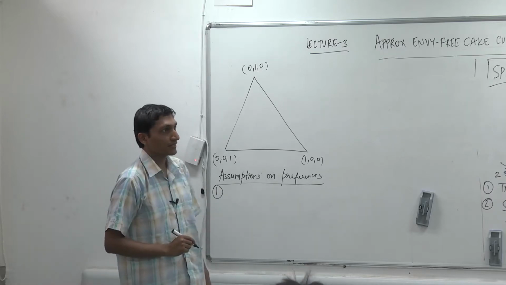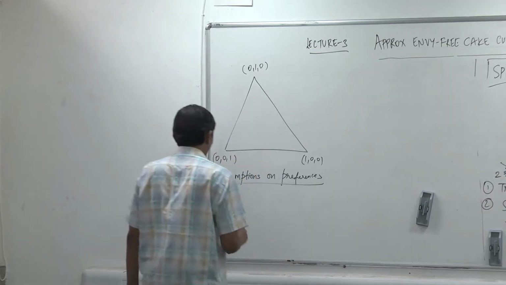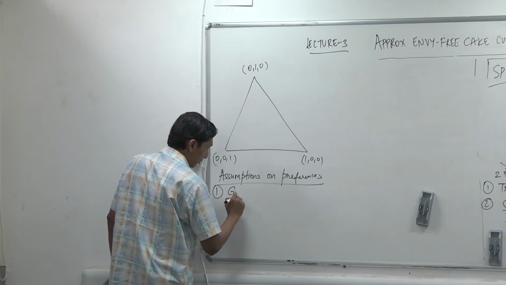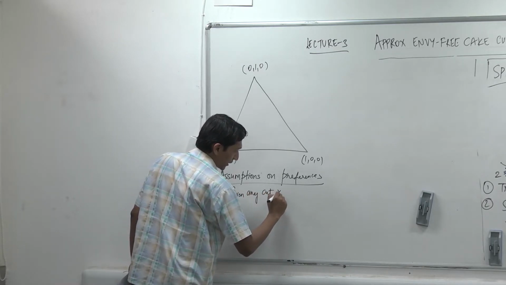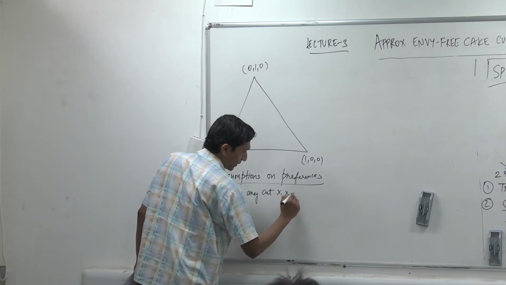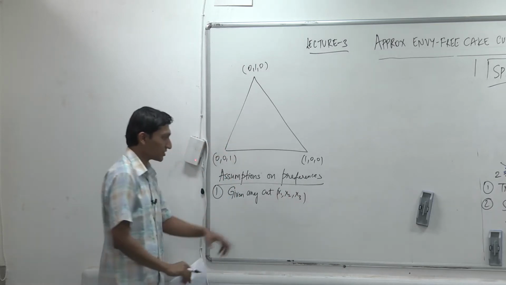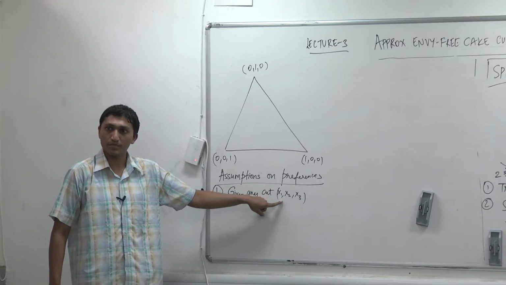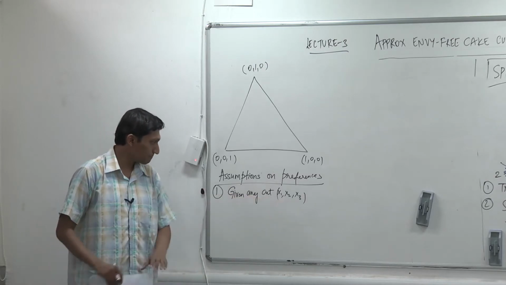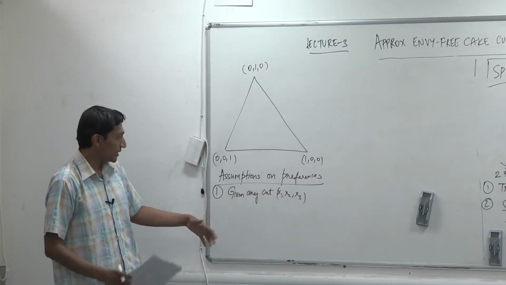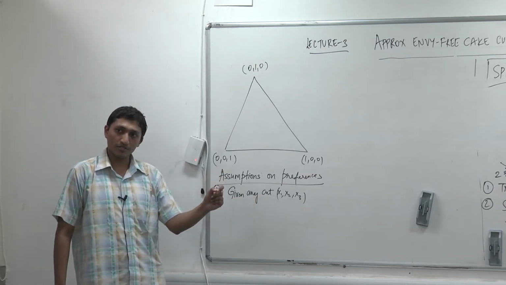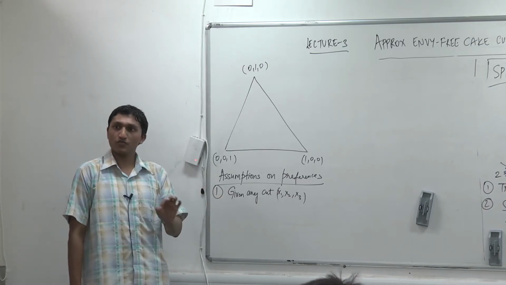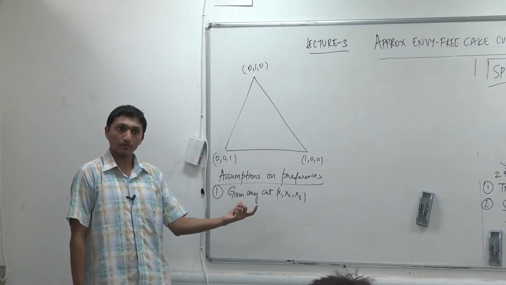The first assumption is that, given any cut x1, x2, x3, which simply indicates the lengths of the pieces, I'm going to assume that every player can answer the following question: which is your favorite piece of these three?